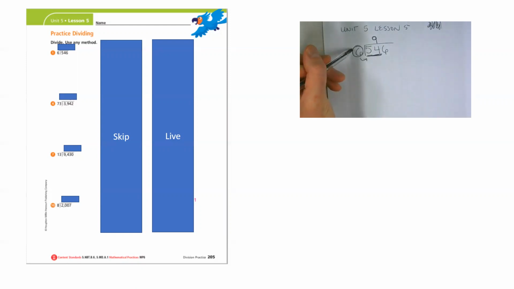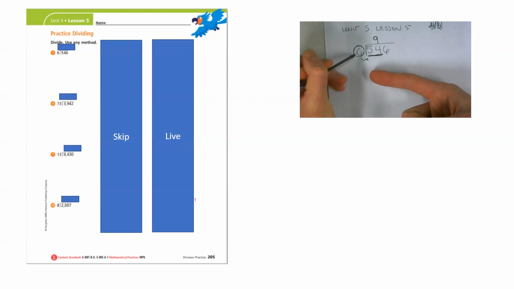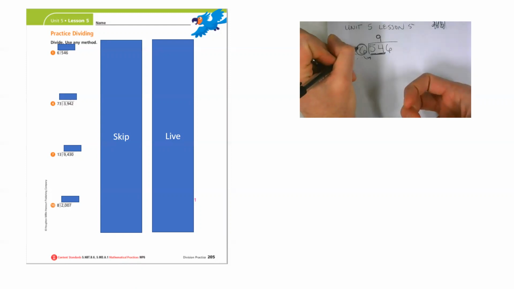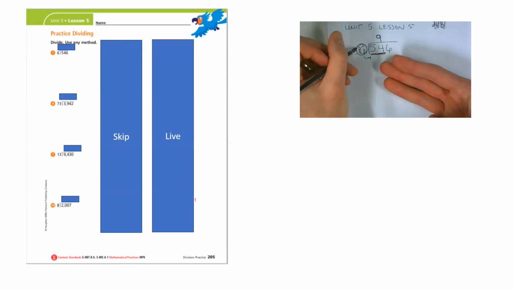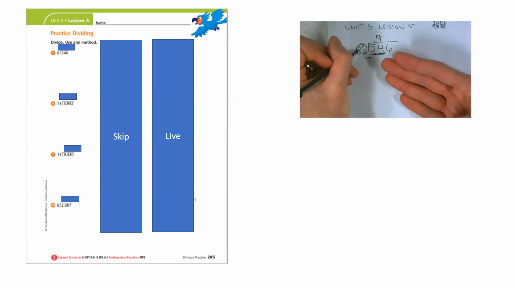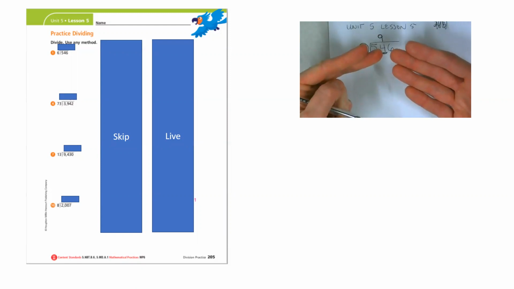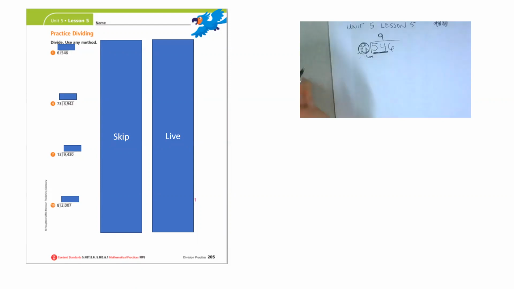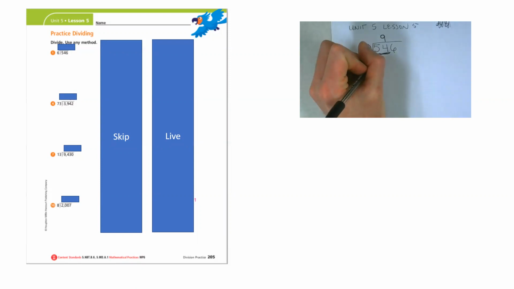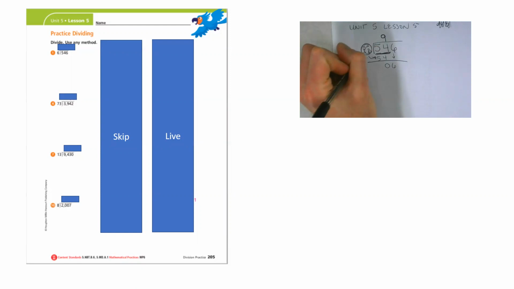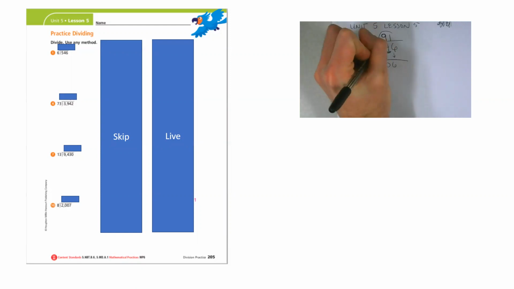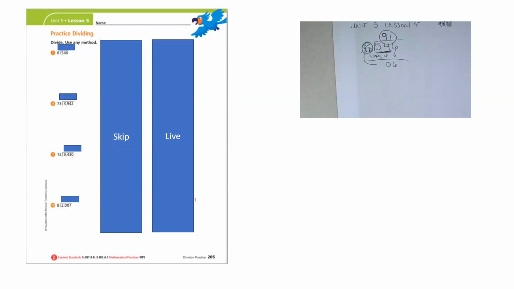Or you can just count by 6s. 6, 12, 18, 24, 30, 36, 42, 48, 54. What's left over? Nothing, because it's exactly 54. Bring down the 6. How many 6s are in 6? 1. Nothing's left over. That answers 91.